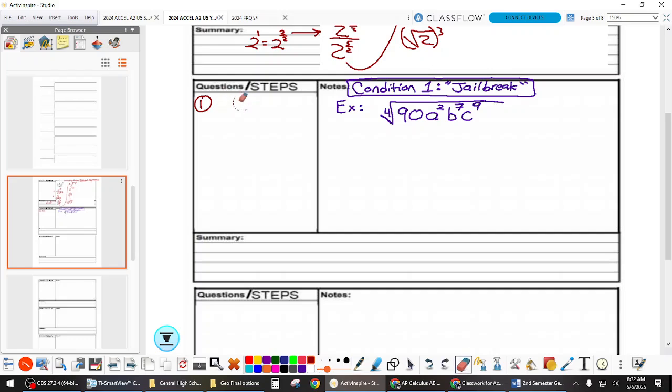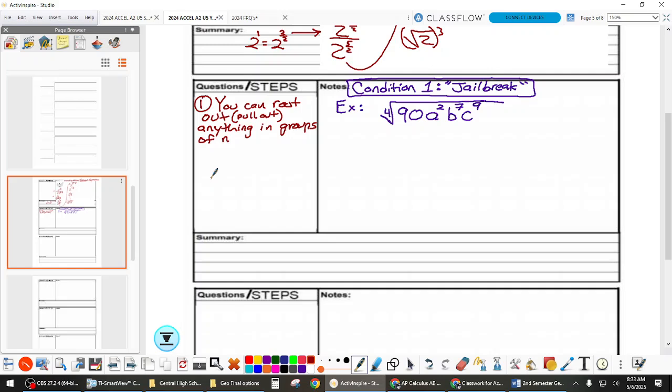So let's be very clear on this. You can root out or pull out anything in groups of n.